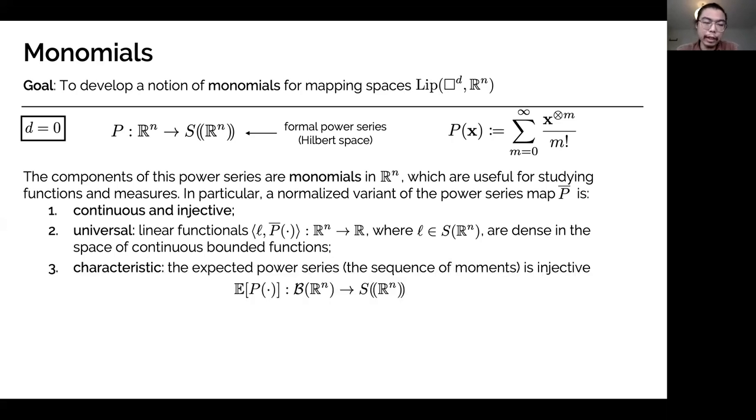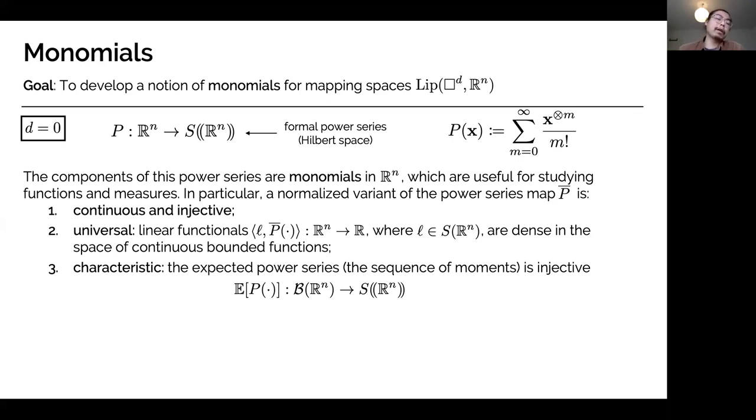Additionally, it's characteristic, meaning that if we take the expectation of this power series, which corresponds to taking the collection of moments of some probability measure on R^n, this expected power series map is injective.